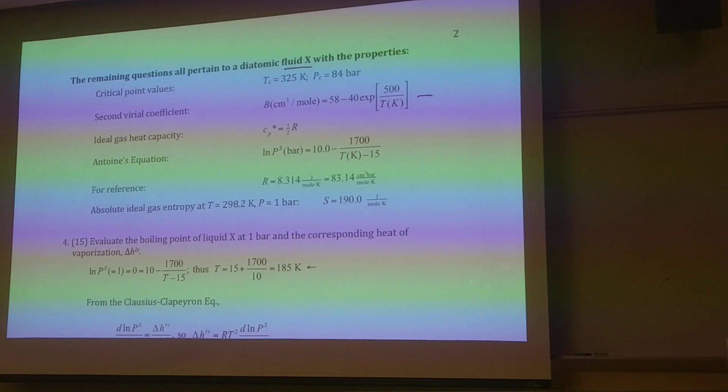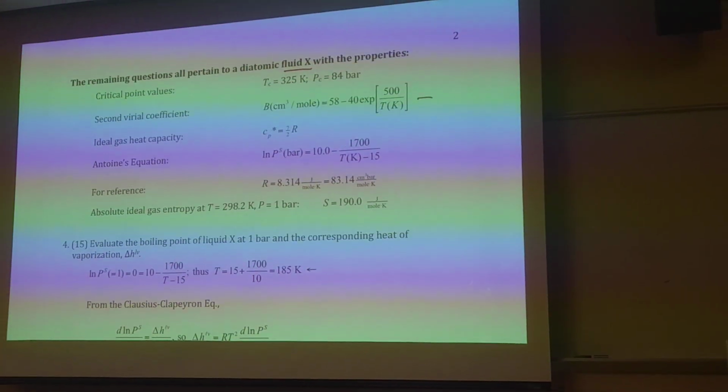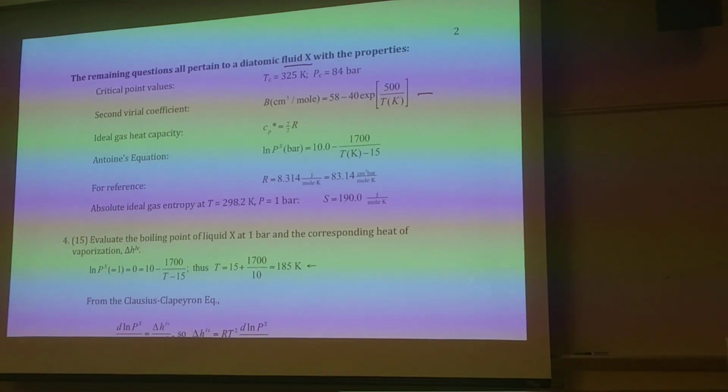And I give you Antoine's equation, and then for reference I give you values of R. And lastly, the absolute value of the entropy at the standard conditions of 25 C and 1 bar, which is 190 joules per mole K. Actually, just to tell you, this is the data for HCl gas, but I've rounded off all the numbers to make the calculations easier and then called it fluid X.